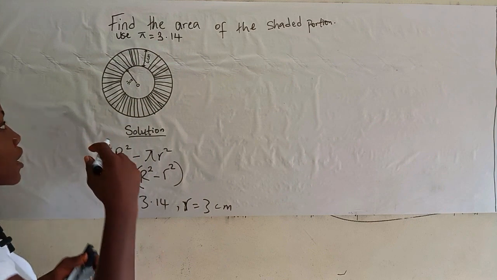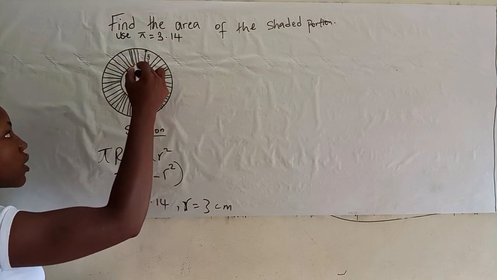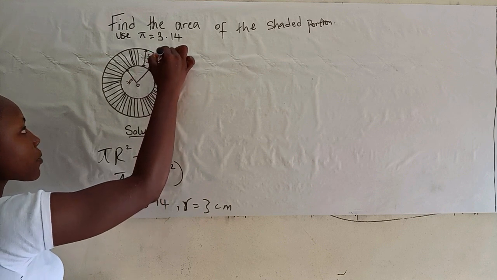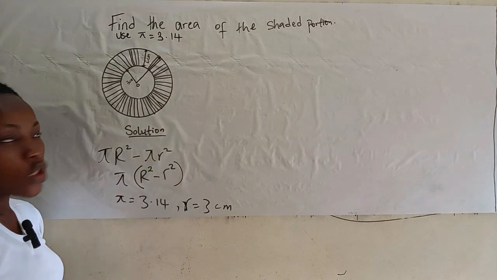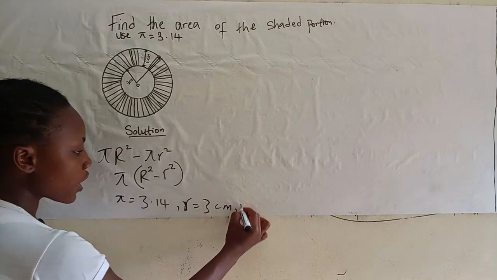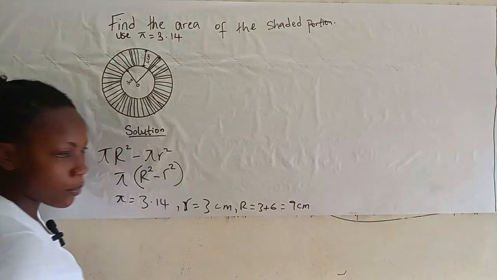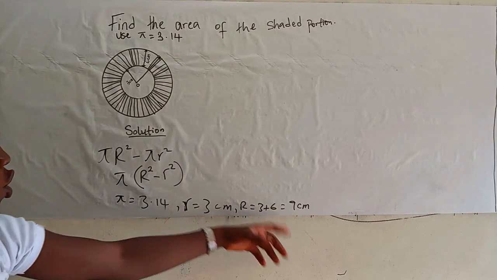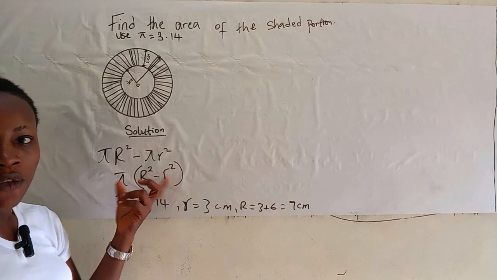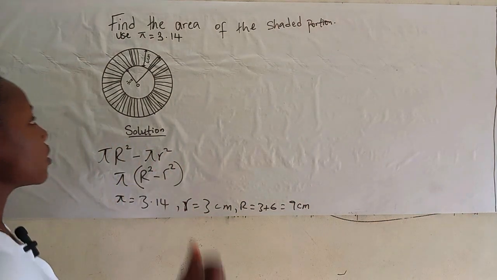Since we already know the small radius, to find the radius of the bigger circle, we have to add this to this. So our big R should be 3 plus 6, which is 9 cm. These are the values we are going to use, so we substitute these values inside this formula for us to find the area.